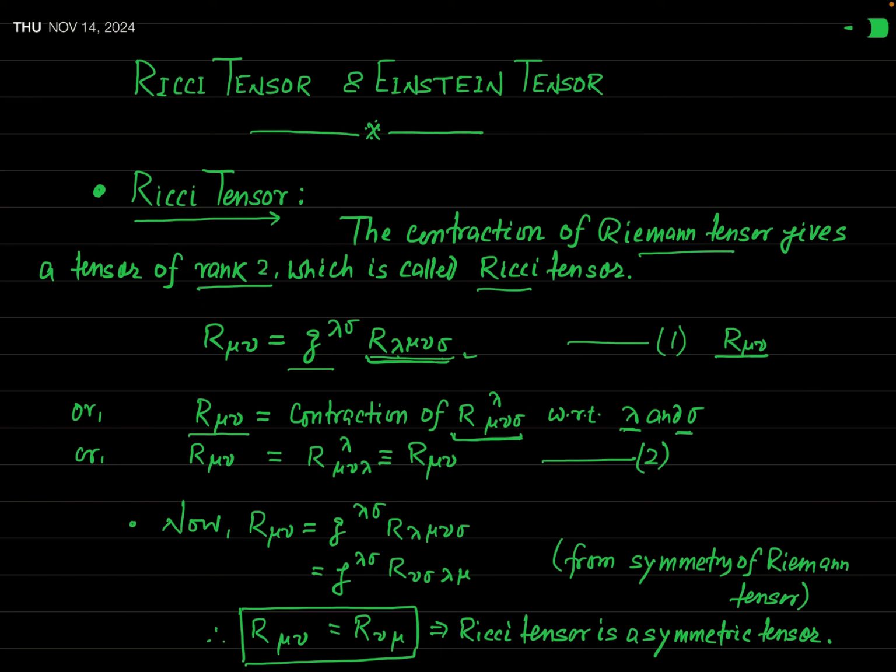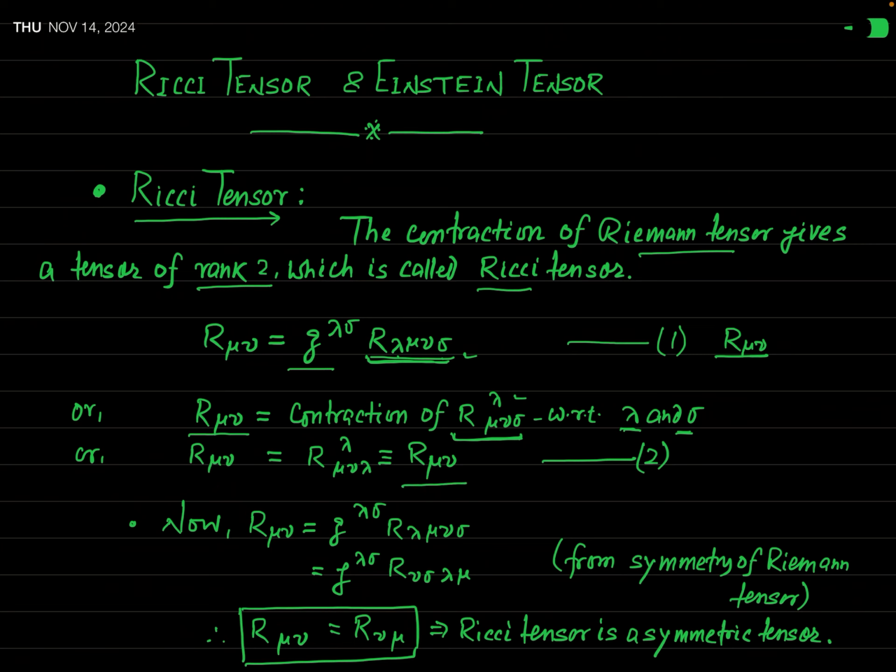So if you contract this tensor R with respect to the indices lambda and sigma, then we write lambda instead of sigma or sigma instead of lambda. And you know the process of contraction, that index will be omitted, and so finally we get this tensor R mu nu.